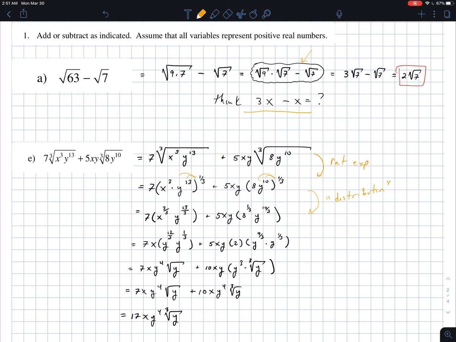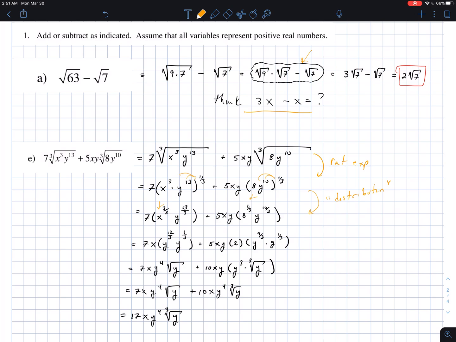Now, when we do that, we get x to the 3/3 right here, y to the 13/3, and over here we get 8 to the 1/3, which we know is 2, because that's really the cubed root of 8, and y to the 10/3. So now I started to break them down again, just like I did in a previous example from one of our other videos.